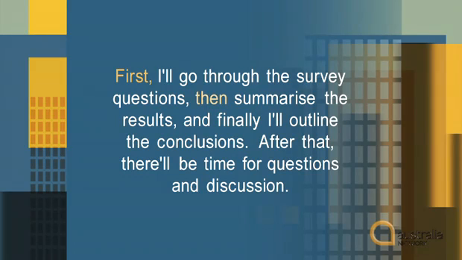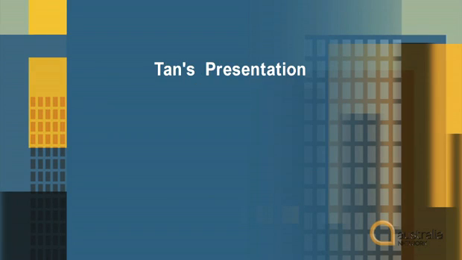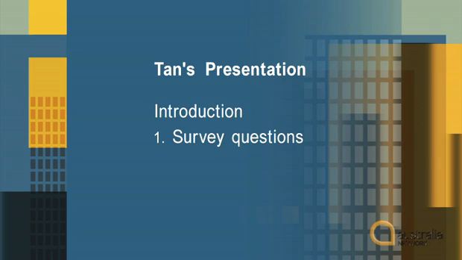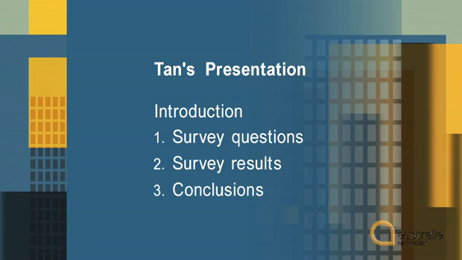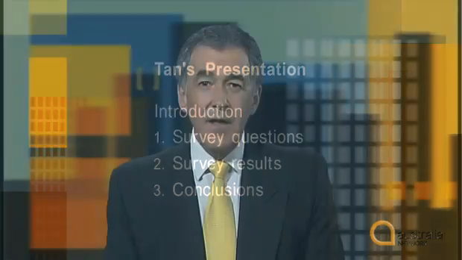First, then, and finally. The structure of his talk is introduction, then part 1, survey questions, part 2, survey results, part 3, survey conclusions. There's one more sequencing signal in his introduction. Did you hear it?